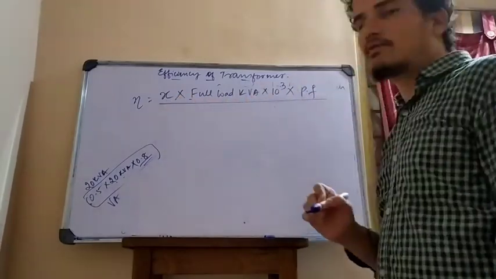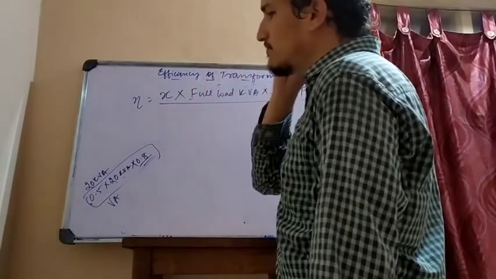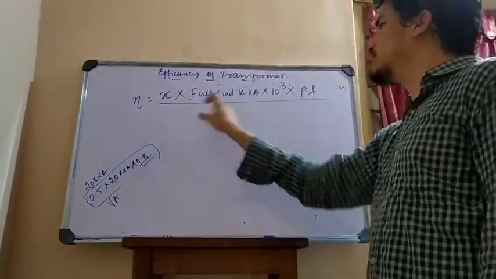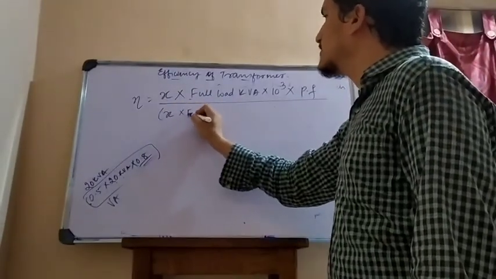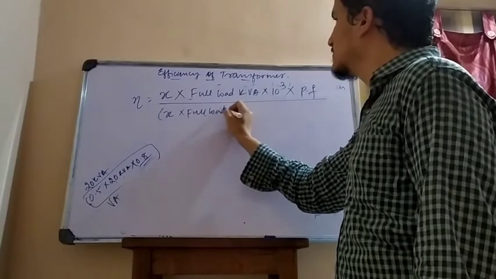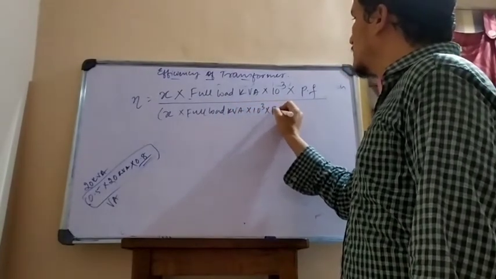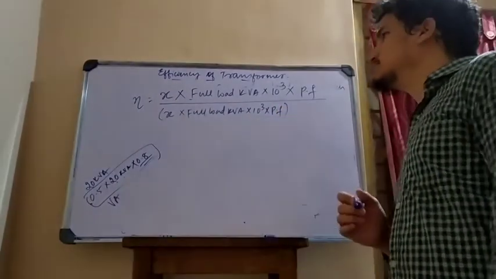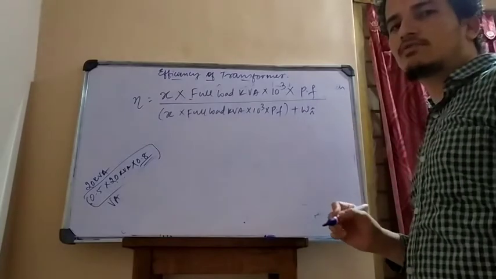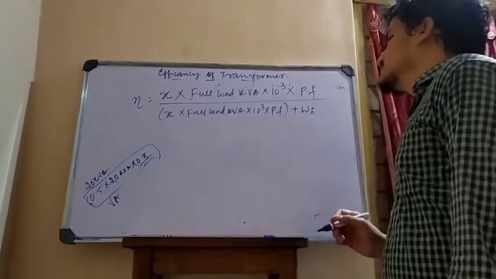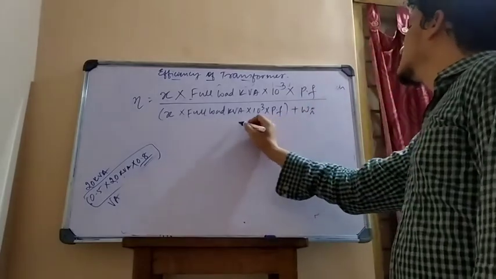Divided by input. Input is nothing but output plus losses. So I will write output first. What are the two types of losses? One is iron loss, which is a constant loss irrespective of the amount of load you are running the transformer at.